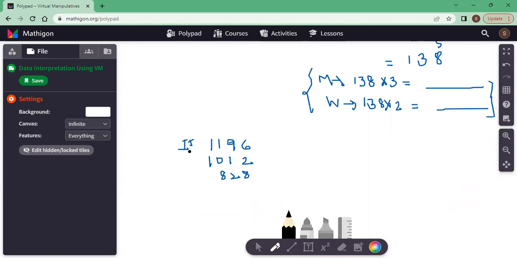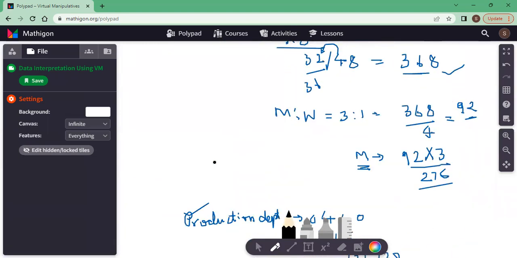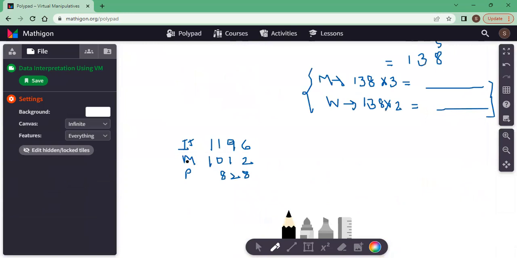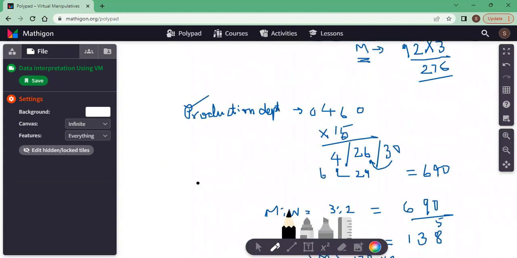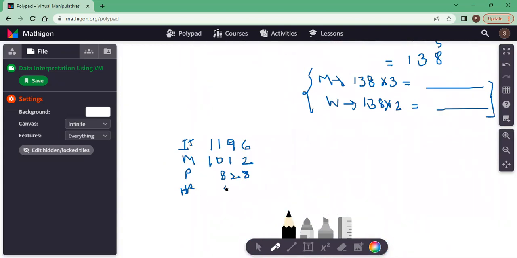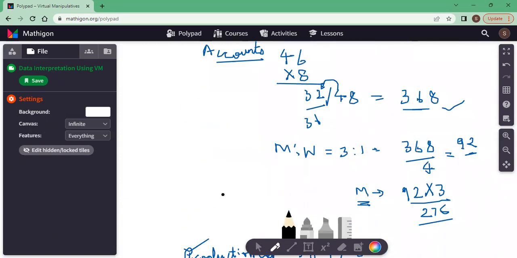After purchase department, HR department. HR department is 506. Next one is accounts department.